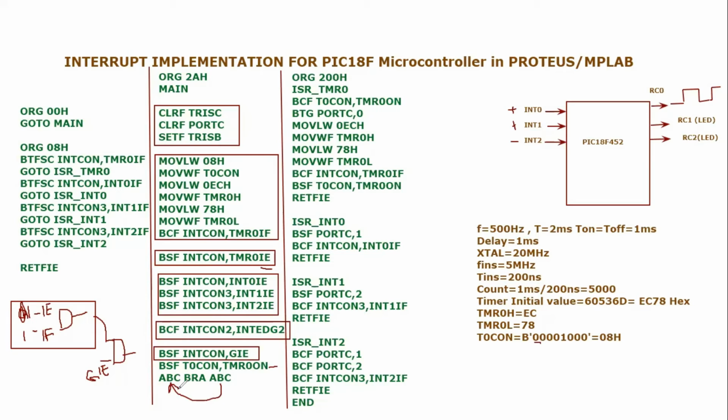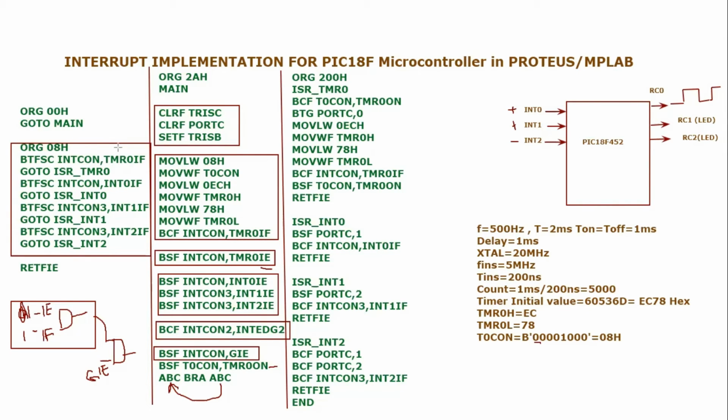So let's say some interrupt arrives, where will the microcontroller go? The microcontroller will go to the interrupt vector table, which is what? Which is the address of various interrupt service routines, right? So it is not the service routine itself, but it is the place where you will find which of the interrupts has interrupted the microcontroller, right? So there are 4 interrupt flags we are checking here: timer 0 IF, interrupt 0 IF, interrupt 1 IF, interrupt 2 IF.